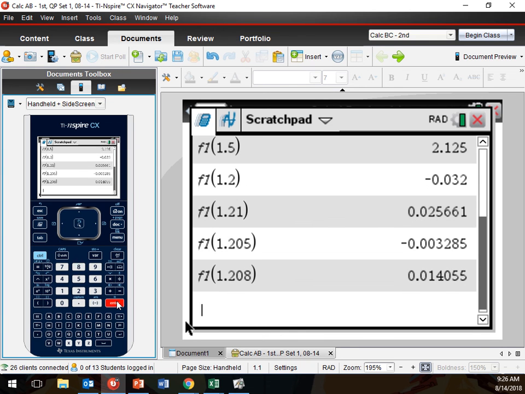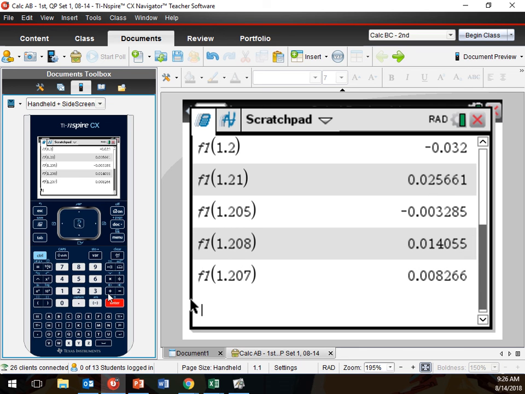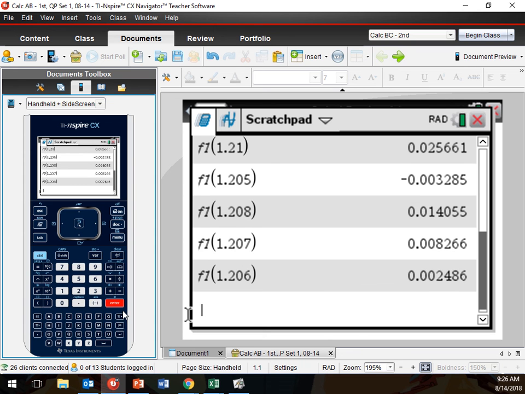1.208. Positive. 1.207. Positive again. 1.206. Still positive. Okay, so now 5 is my third number, so it's in between 5 and 6. You guys see that's where it's changing from positive to negative?